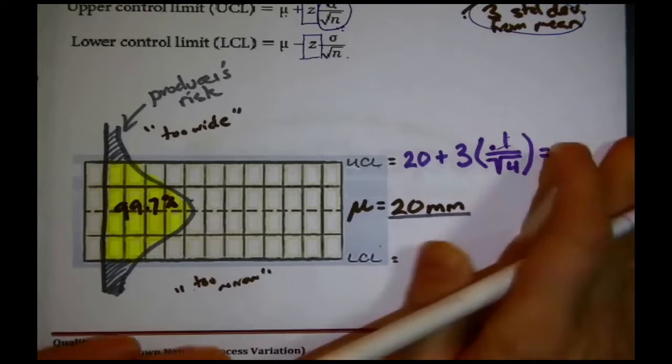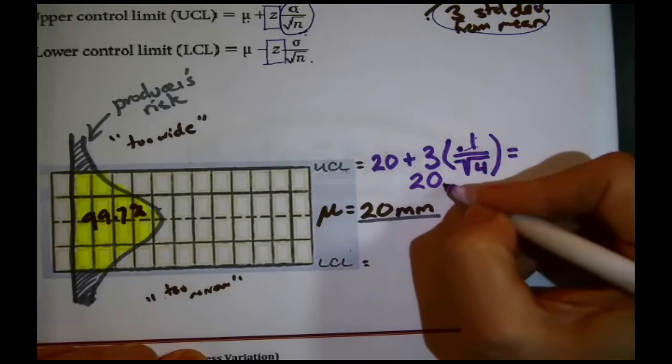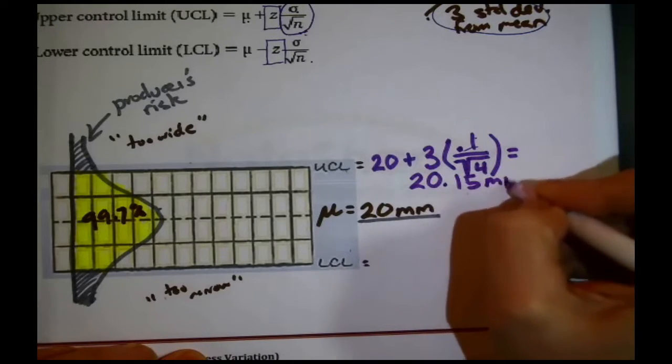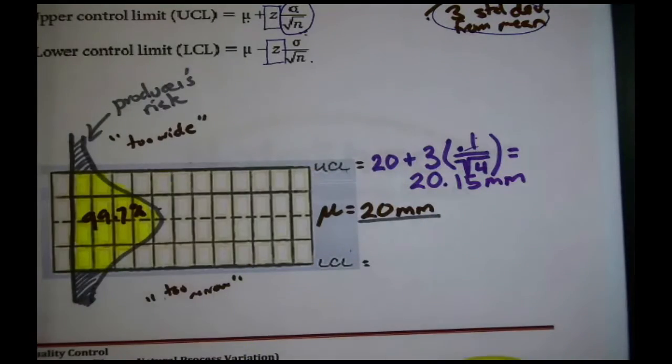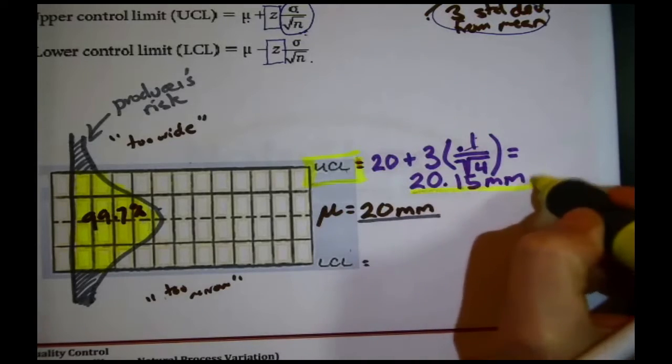Anyway, on my calculator, as a finished result, I get 20.15 millimeters. That is the upper control limit here.